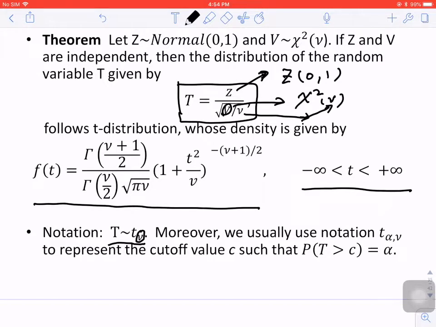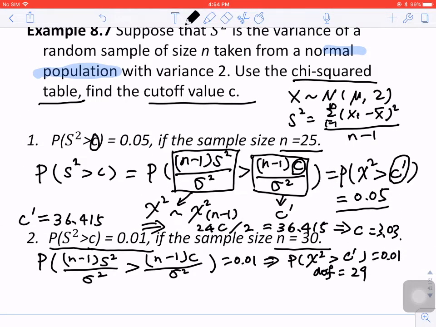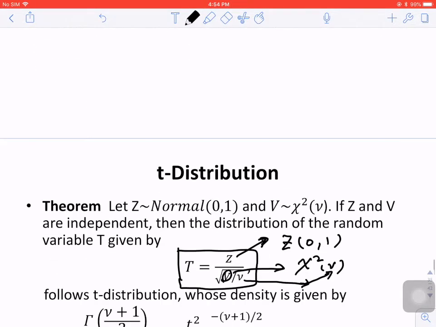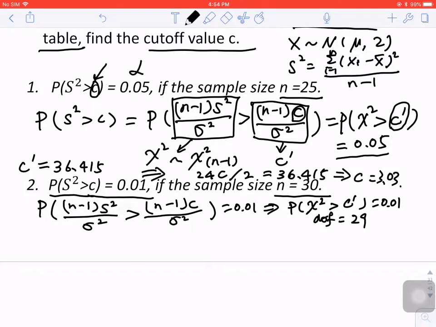Moreover, we usually use the notation t alpha v to represent the cutoff value c, such that the probability that t is larger than c is equal to alpha. It's pretty similar to what we have done for this example. Again, we're going to find this c, and this is your alpha.